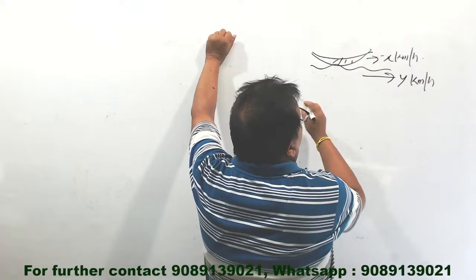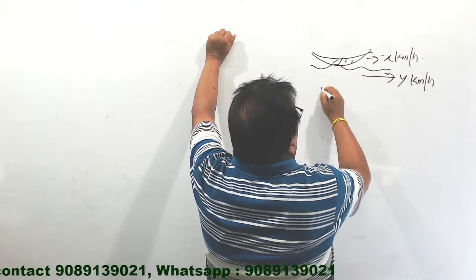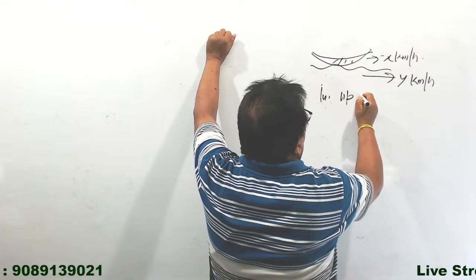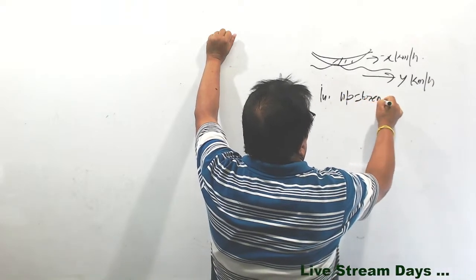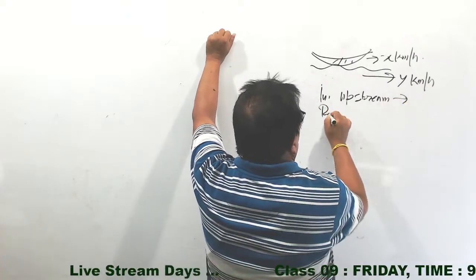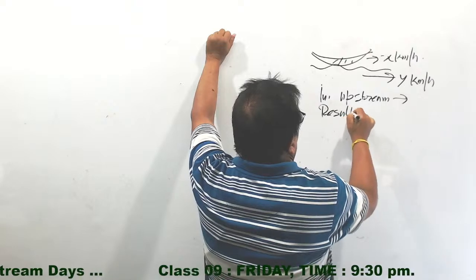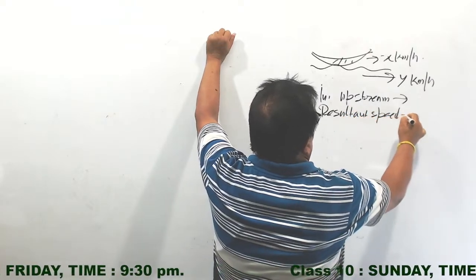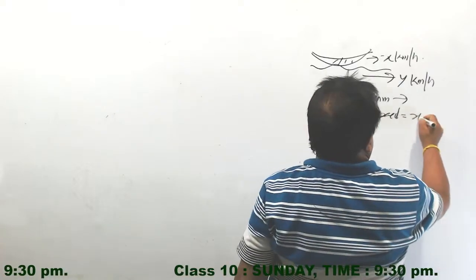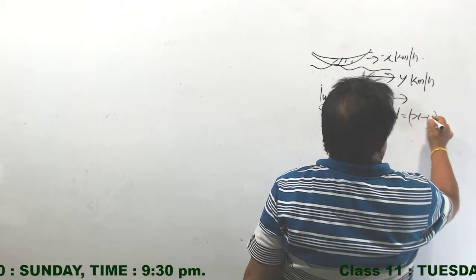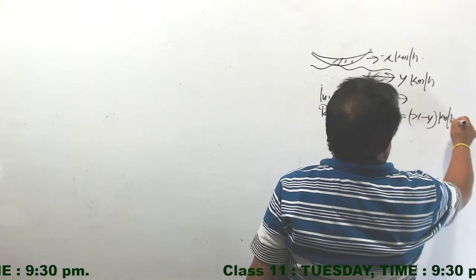In the upstream case, the resultant speed will be x minus y kilometer per hour.